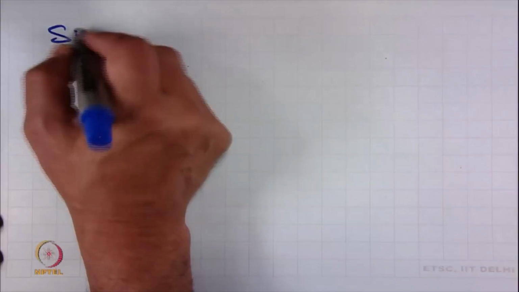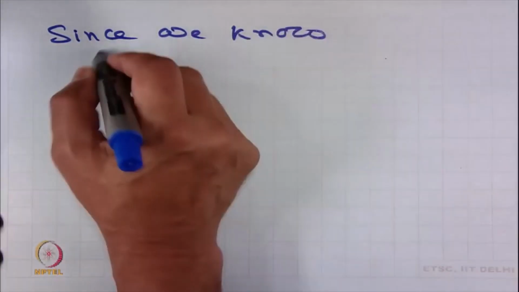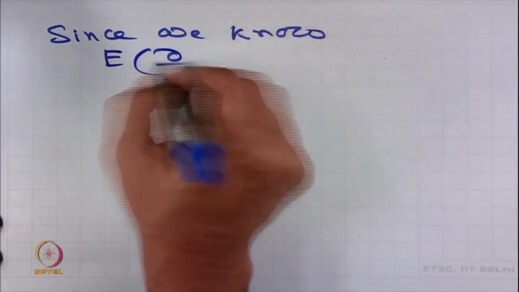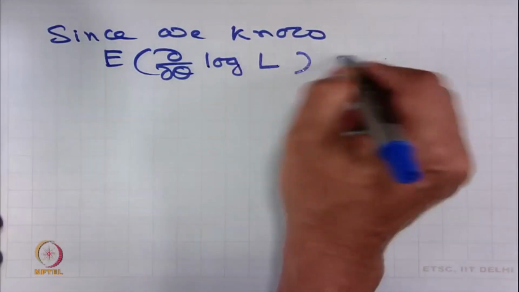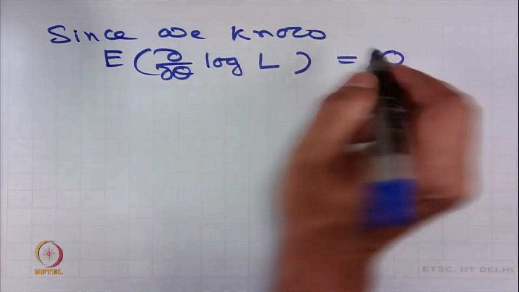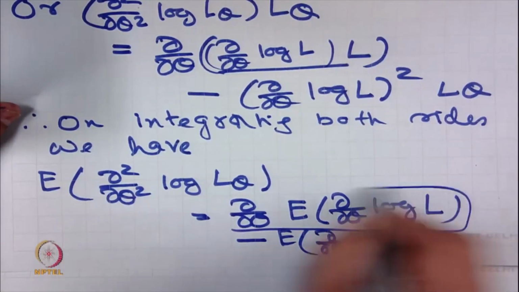Since we know expected value of del del theta of log L is equal to 0, this we have found before, this part is going to be 0.